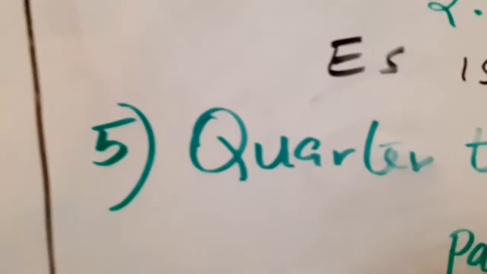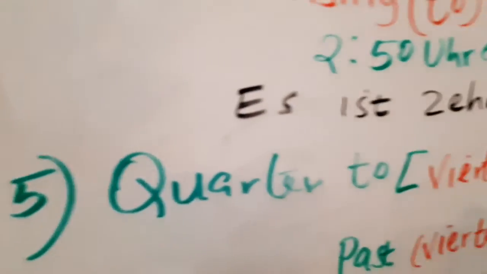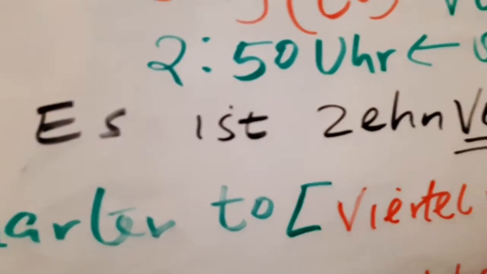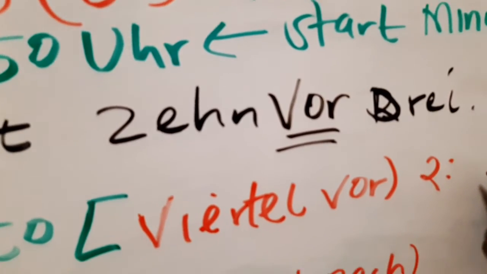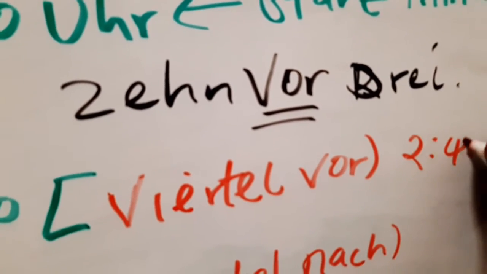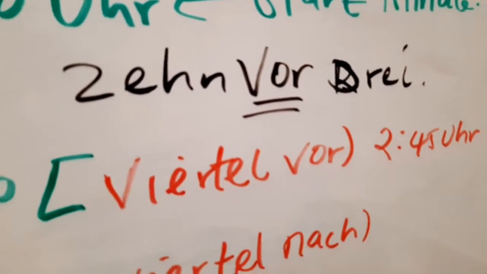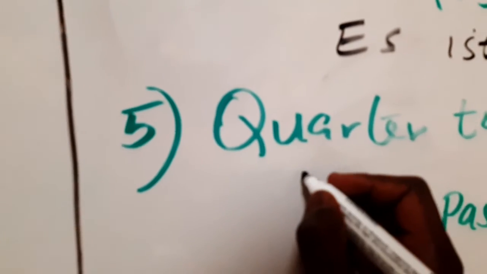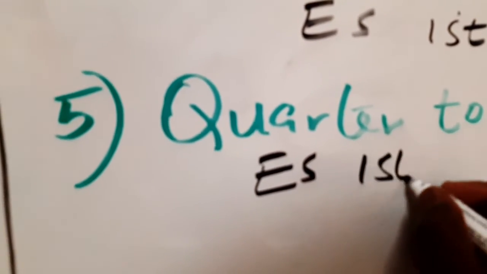For example, if we want to say, let's say 2:45, what we'll write here will be es ist.